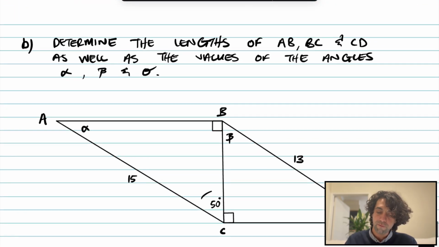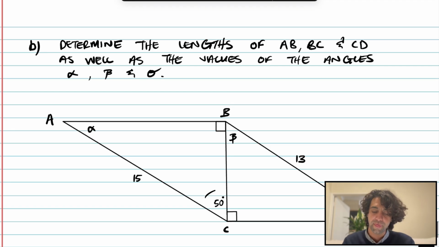Last but not least, I have one more over here for you, and I think it would be a good idea to let you solve this one on your own. They are asking you to determine the lengths of AB, BC, and CD. So there are three unknown sides, as well as the values of the angles alpha, beta, and theta. So they basically want you to solve everything. You want this AB side over here.